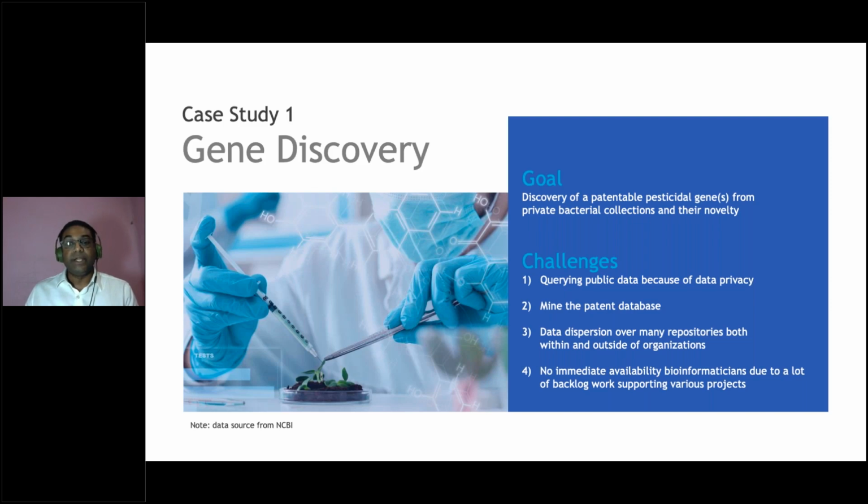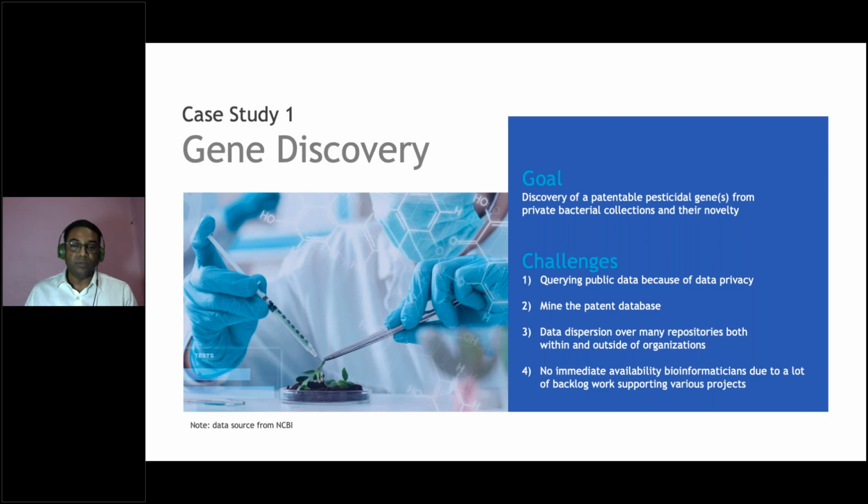Number three, data resources over many repositories, both within and outside of organizations. Data is usually kept in multiple repositories and not properly maintained, both within and outside of the organizations.